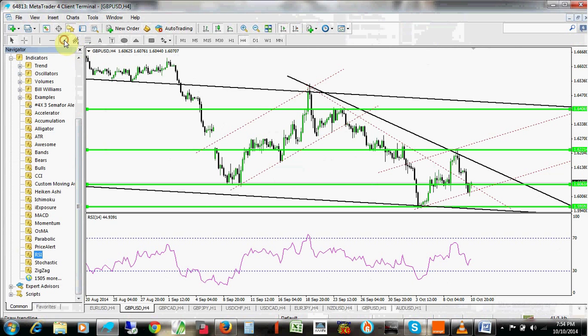Like here, let me give you a horizontal line. If it breaks this, let me see, where is the best example I can show you? Where it gave me a break before everything even happened.